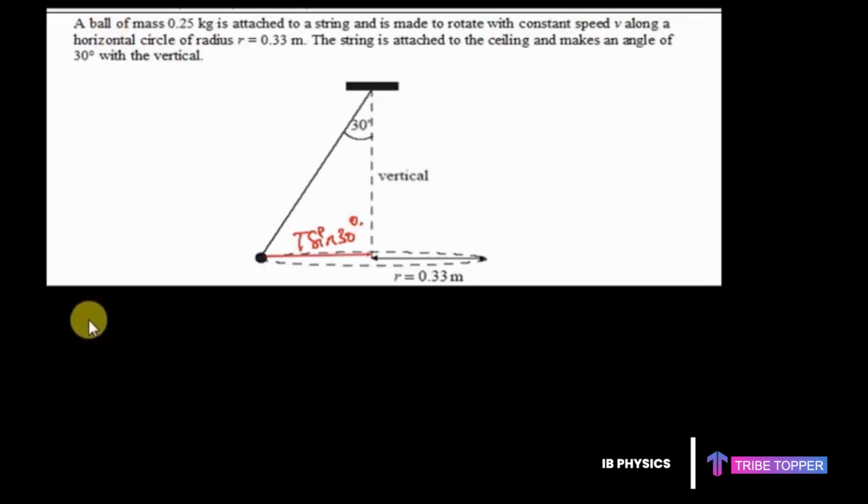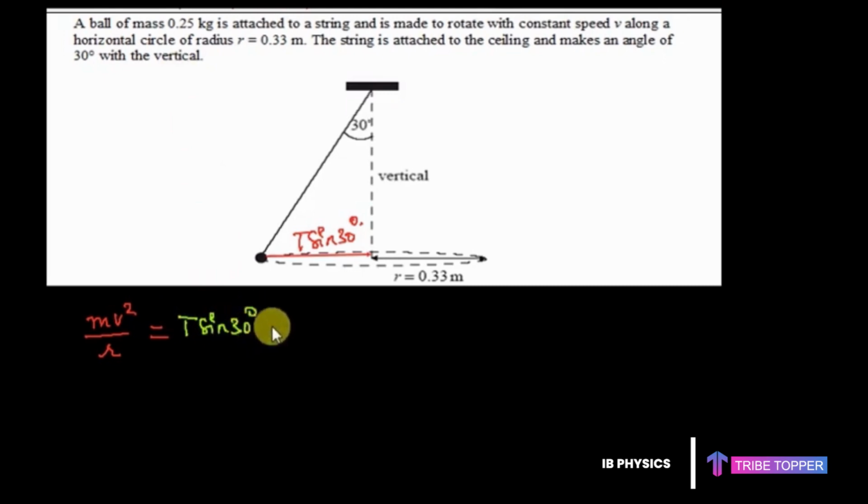So we just focus now on this component, which is T sine 30, and it is providing us the centripetal force. Therefore mv squared by r is equal to T sine 30 degrees.